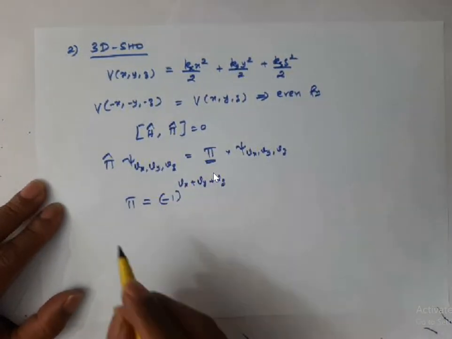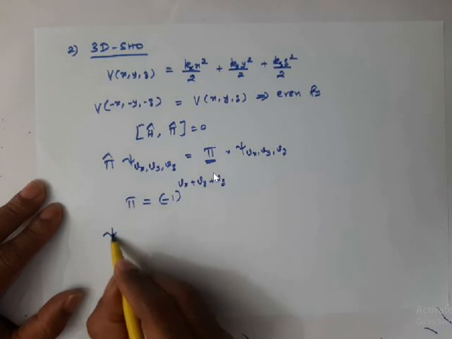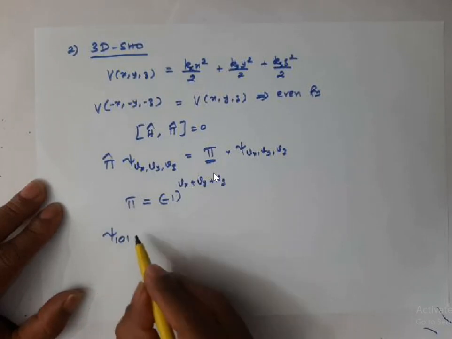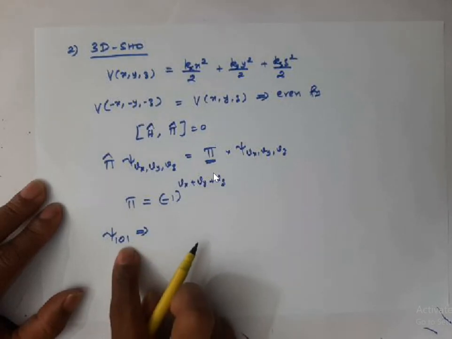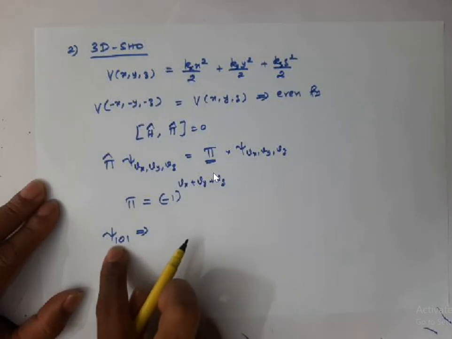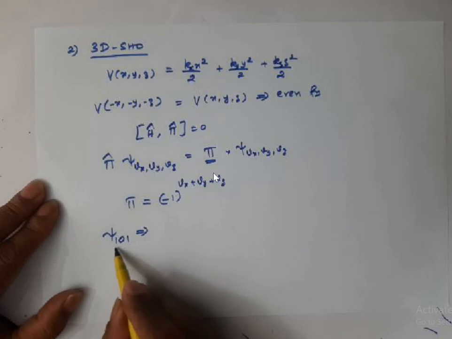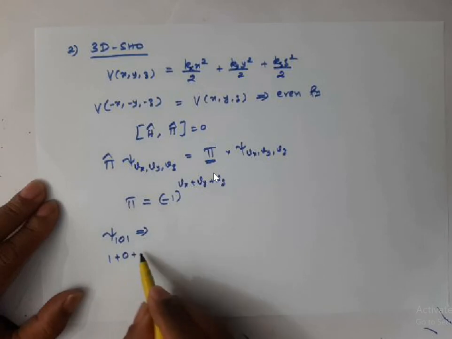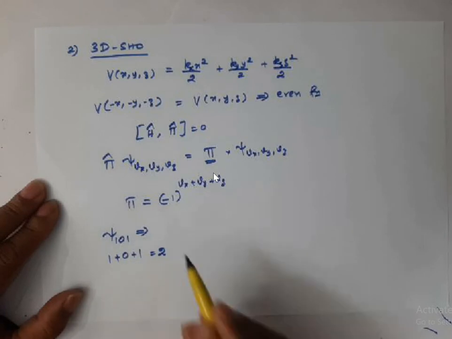Suppose I take some state, say the psi 1 0 1 state. Whether this corresponds to an odd function or an even function, how to check it? Just see the vibrational quantum numbers and add them: 1 plus 0 plus 1, with Vx, Vy, and Vz, you will get 2.